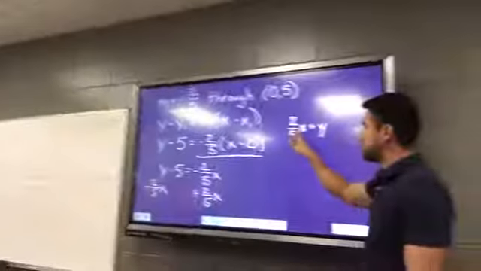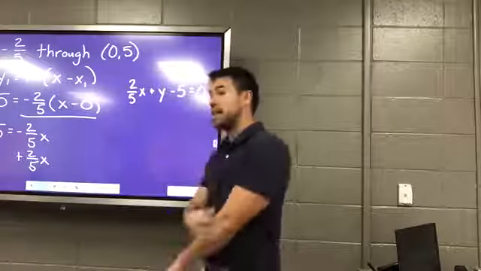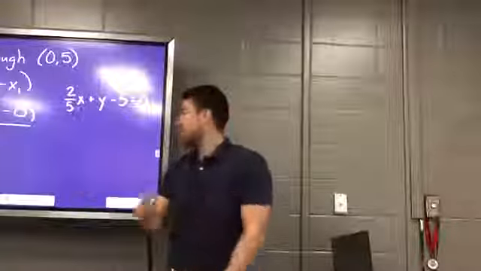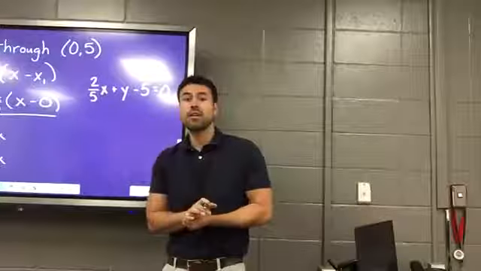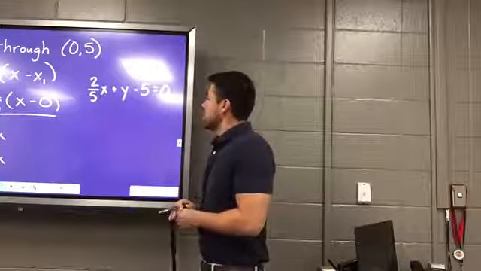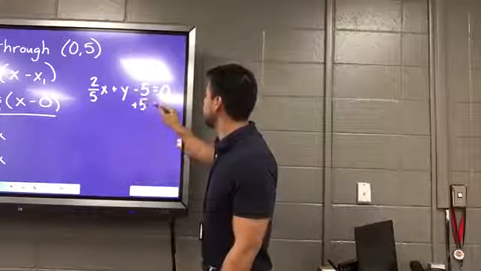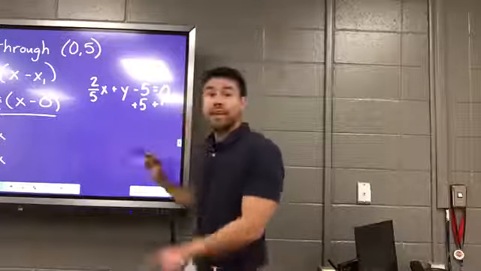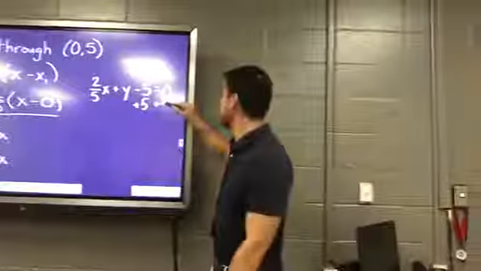So I get 2/5 x plus y minus 5 equals 0 if I did that. Andrew? You would have to add 5 to both sides. No, sorry, never mind. Okay, no, you're right. You were right here, and you were right there. You're going to add 5 to both sides.